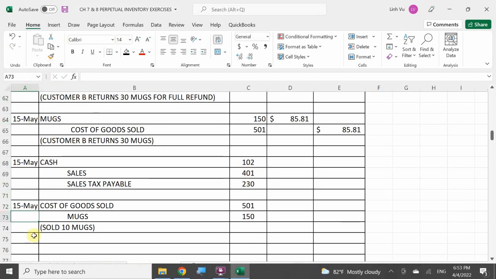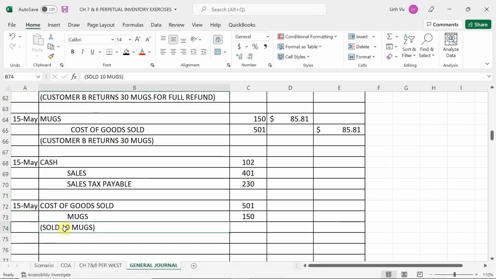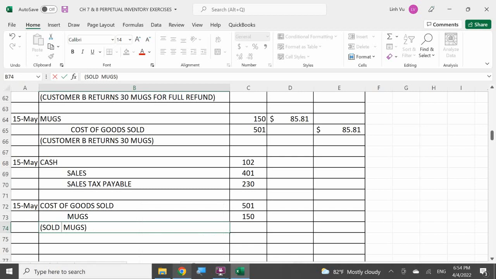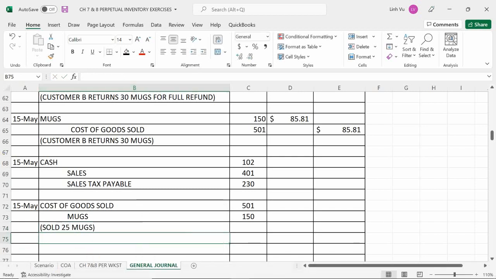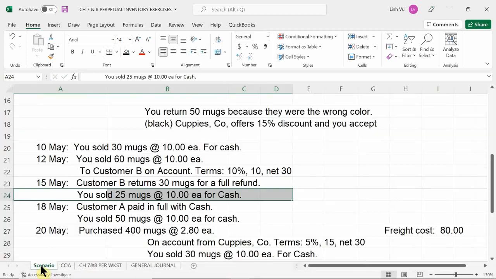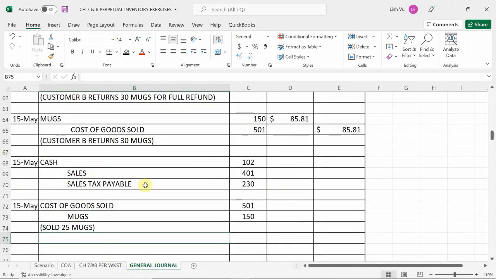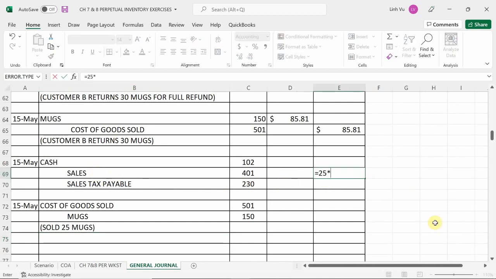So in this case, I sold 25 mugs for $10 each for cash. So in sales, if I sold 25 mugs at $10 each, my grand total is $250, okay?